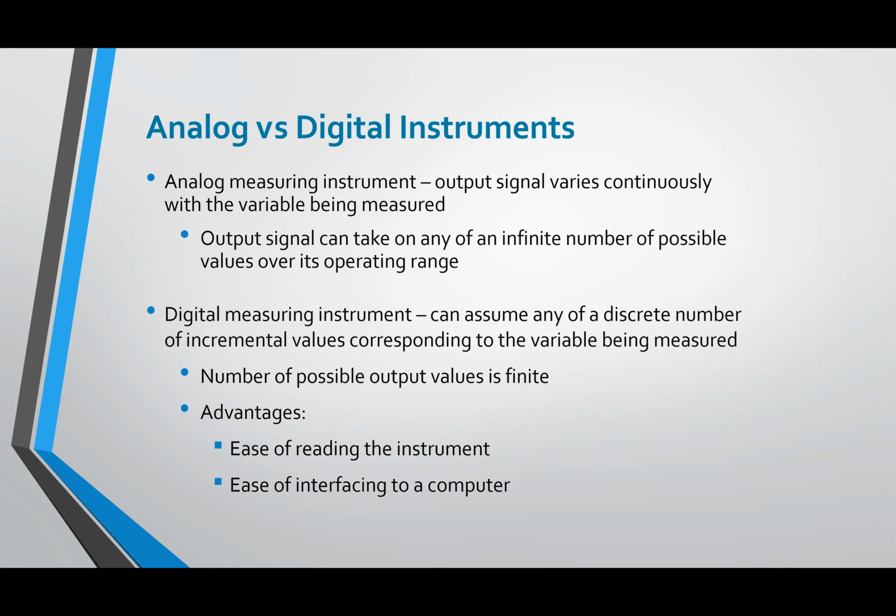So again, think of your digital thermometer, whatever the level of precision the device has. For most of us at home, it's just to the tenths place, 98.2, 99.3. But it's very clear to read on the output screen of the instrument. Also, digital measurements can be automatically recorded on a computer, which is very helpful in gathering data for ongoing quality measurements.